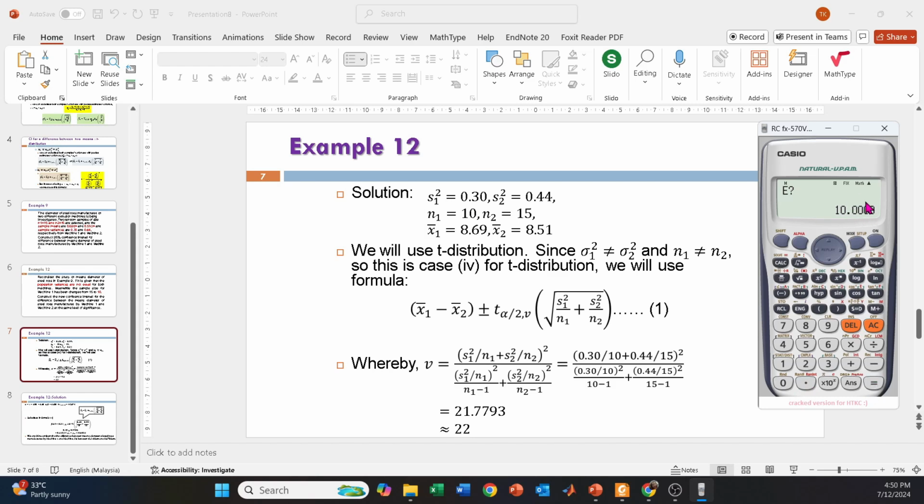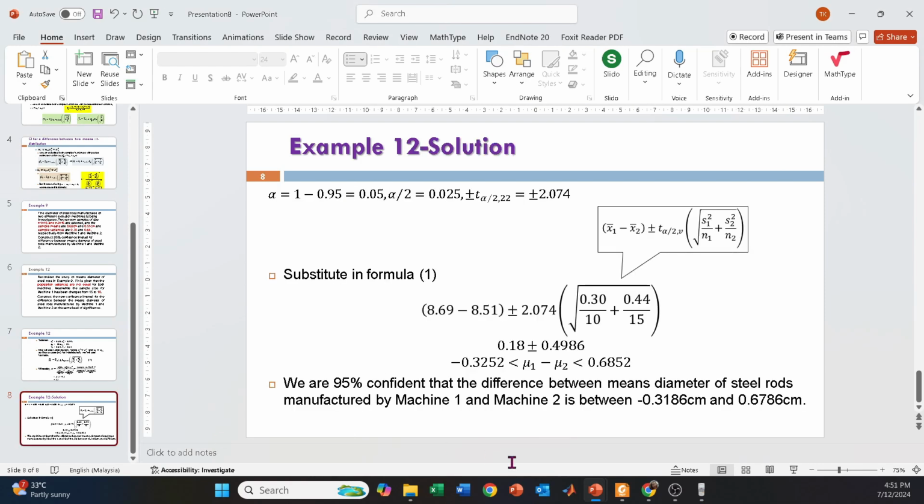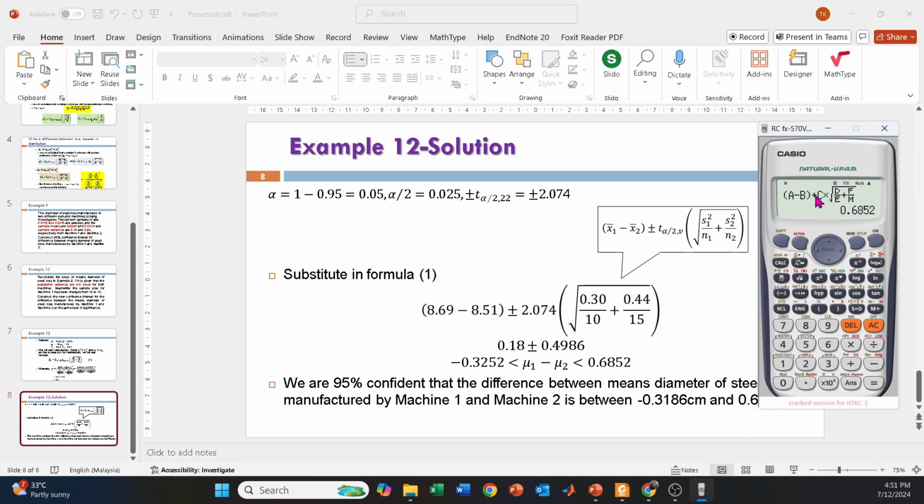And number of sample for population 1 is still 10. F is the variance for population 2, 0.44. M is the sample size for population 2, 15. So I get the value for the upper confidence limit, because this is a plus, 0.6852.